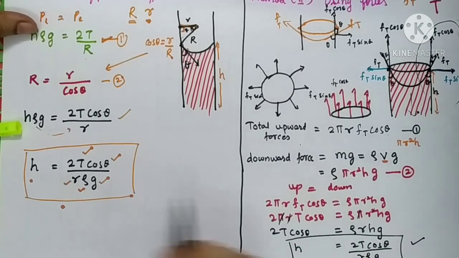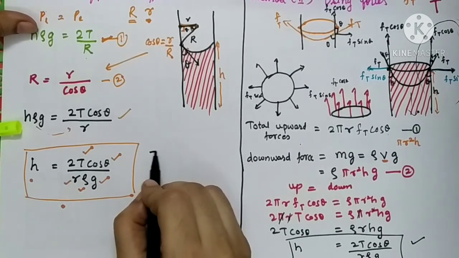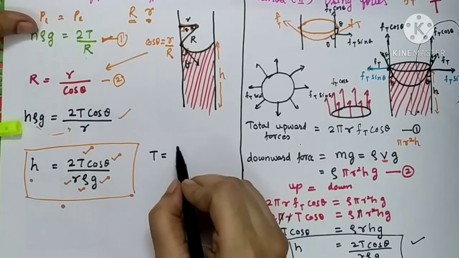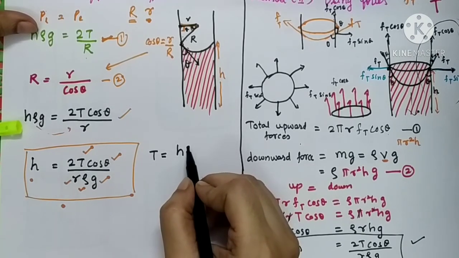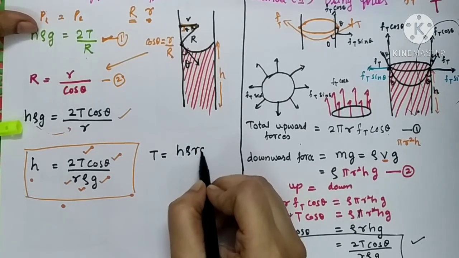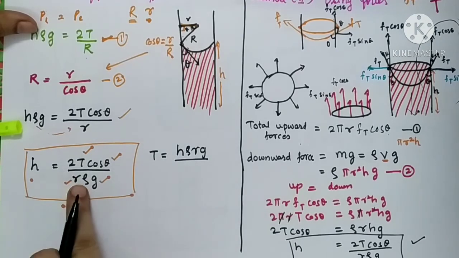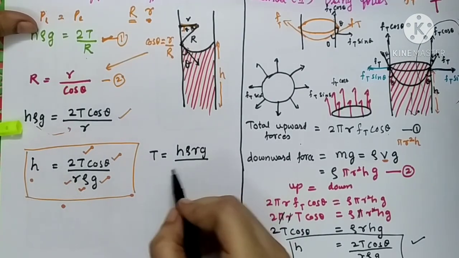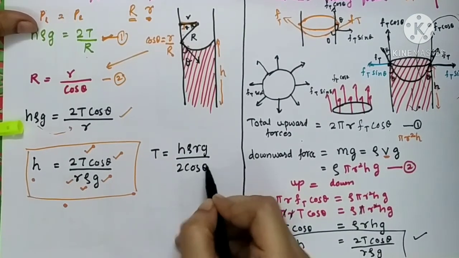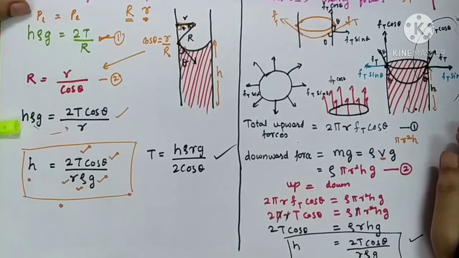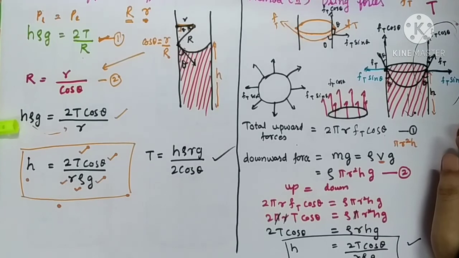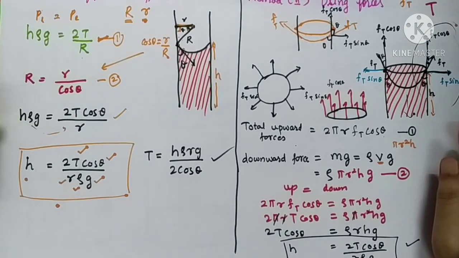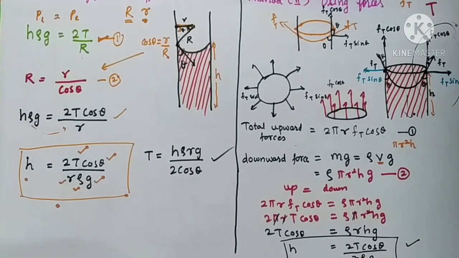Similarly, from this equation, we can write down the value of T. Surface tension will become h r rho g upon 2 cos theta. With this equation, you can determine the value of the surface tension of a liquid as well. So in this way, we can easily calculate the surface tension and height of a liquid column.